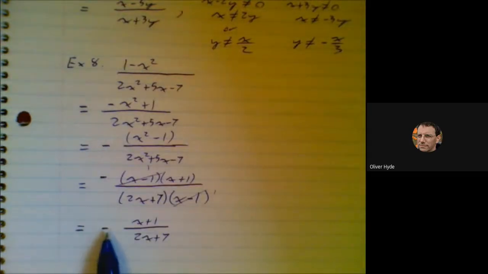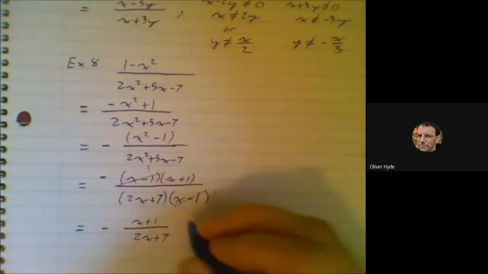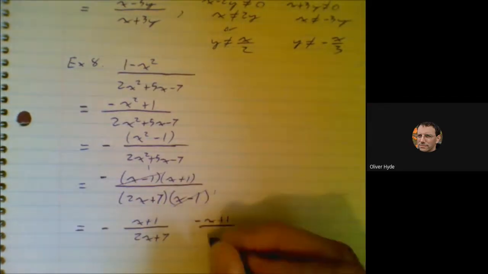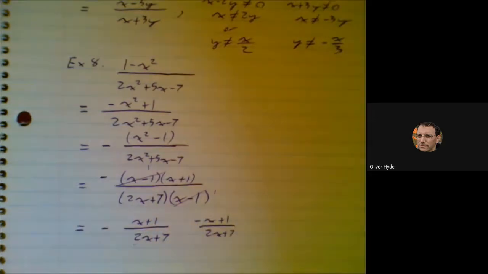Just be very careful with how you write this. Do you notice how far off to the left I'm putting my negative? Do you notice how I'm trying to keep it lined up with my fraction bar? If you write negative x plus 1 divided by x plus 7, I don't know if that's right or wrong. I don't know if you know what you're doing or not. So that's going to cause a loss of marks.